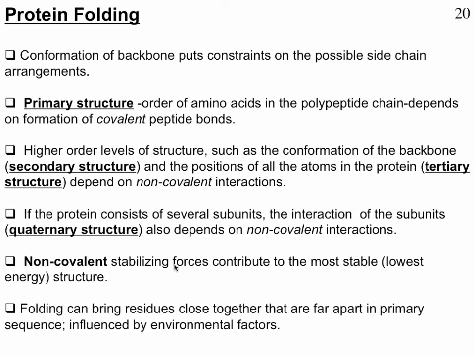And if the protein consists of several units, such as in a quaternary structure, this also depends on non-covalent interactions. So the take-home point is that non-covalent stabilizing forces contribute to the most stable, lowest energy structure. Folding can bring together residues that might be far apart in sequence, and this can be influenced by environmental factors.